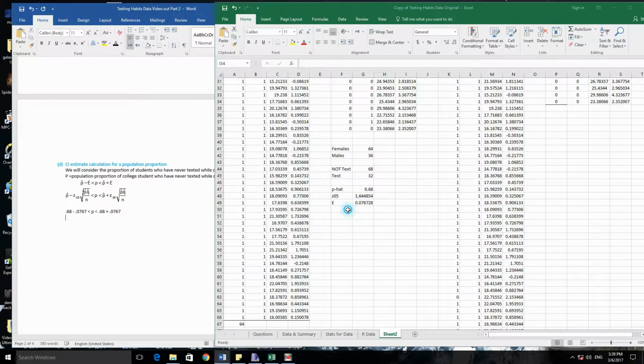And so I can do that in Excel, figure out what that is. So I have a lower bound and I have an upper bound. The lower bound is going to be equal to P hat minus the margin of error. And the upper bound is going to be equal to P hat plus the margin of error. Okay, so those are the boundaries here.